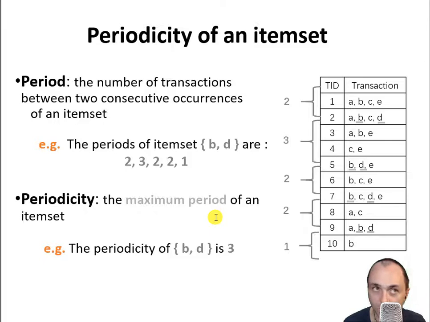So if the user says the maximum is 3, then BD is periodic. But if the user says the maximum is 2, BD is not periodic because at least one time the period was more than 2. So it will not be periodic.